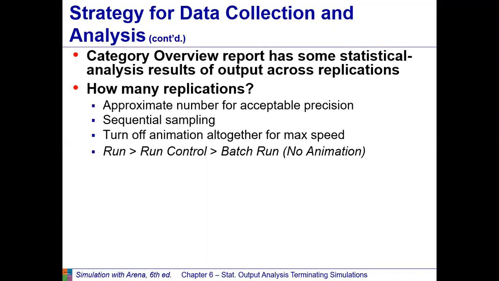After running it a couple of times, did the half width fall below that? If so, it will terminate the simulation. If it doesn't, then it will keep on running.